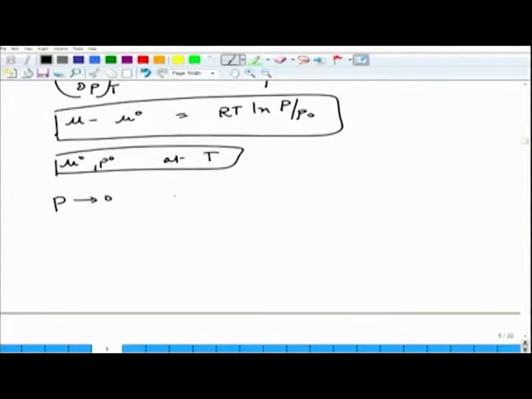So, if you consider a very low pressure, if pressure tends to 0, what is the value of μ? μ is going to be minus infinity. But this is where all substances approach ideal gas. So, we have an issue here, that this is a very unusual condition. This kind of situation is highly undesirable.